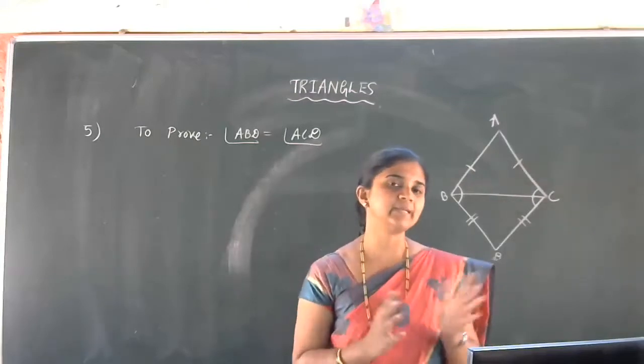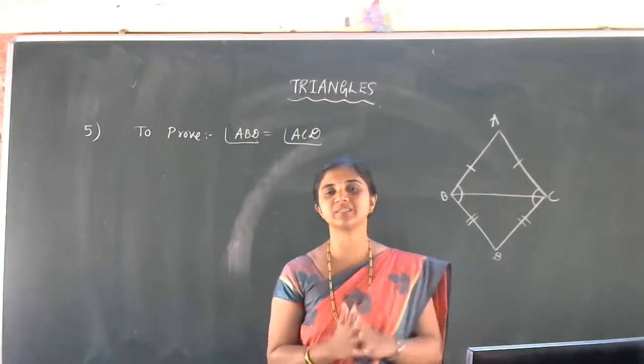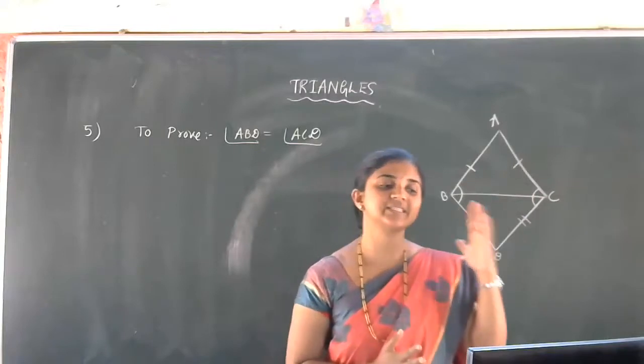with AB equal to AC. In the diagram it is clear that AB is equal to AC. What property do we have?